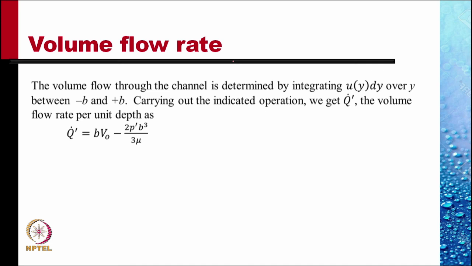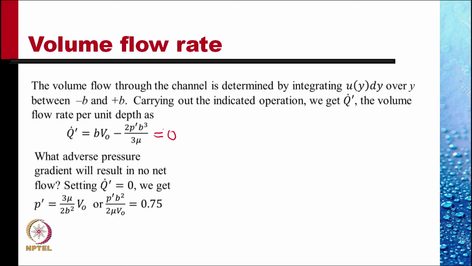Obviously, this kind of expression raises the possibility that there exists a value of v naught and P prime such that there is no net flow across the channel. These can be equated to 0, and then we can determine the value of P prime as 3 mu v naught by twice b square, for which the net volume flow rate would be 0.